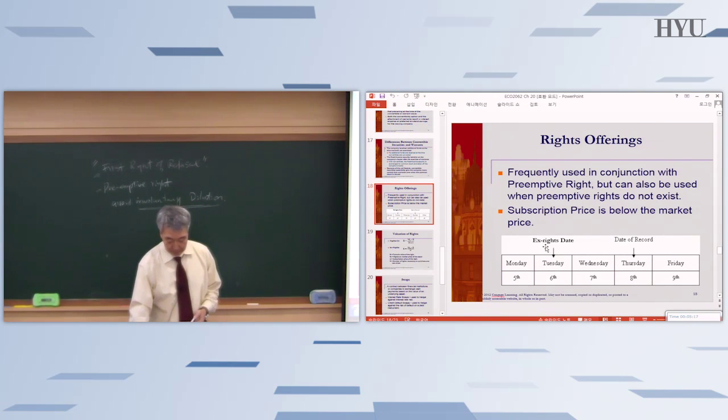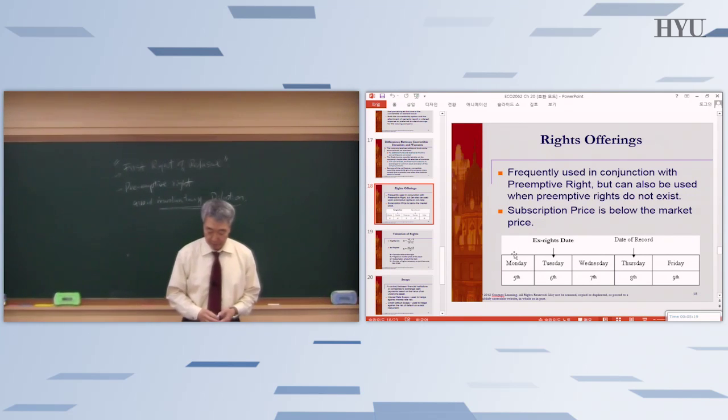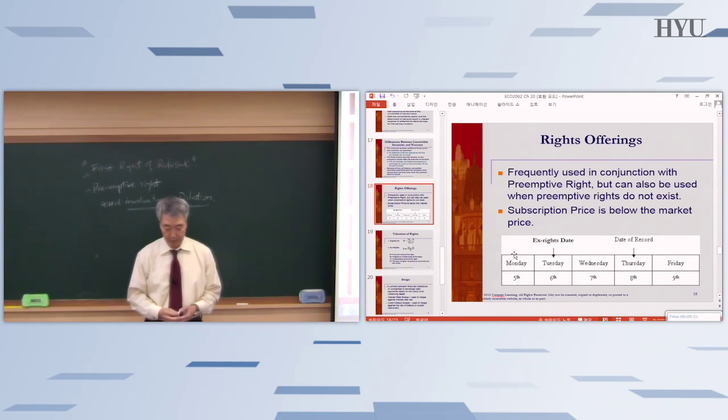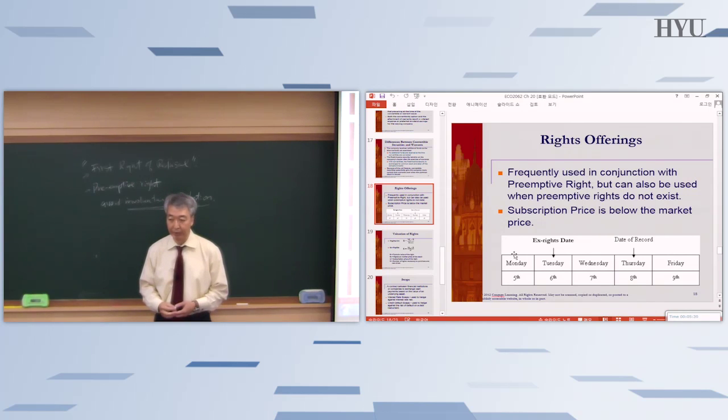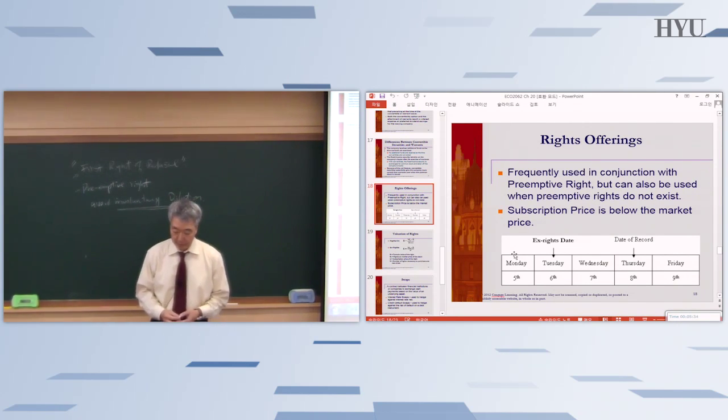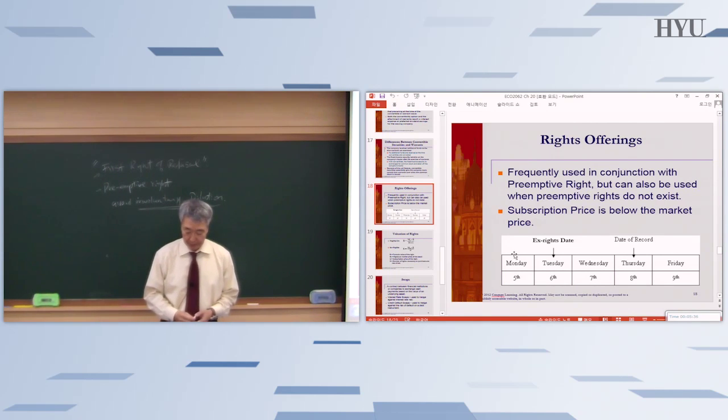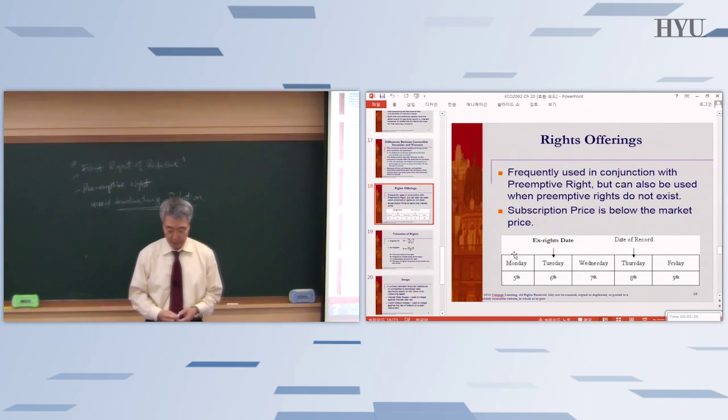Let's say on December 1st the company announces that we are going to issue new shares, and the existing shareholders will get the rights. Then they will announce a couple of dates, the date of record and the ex-rights date.